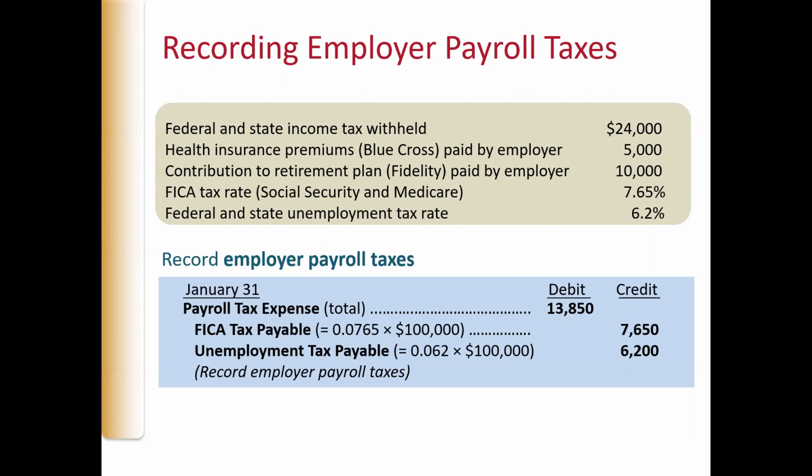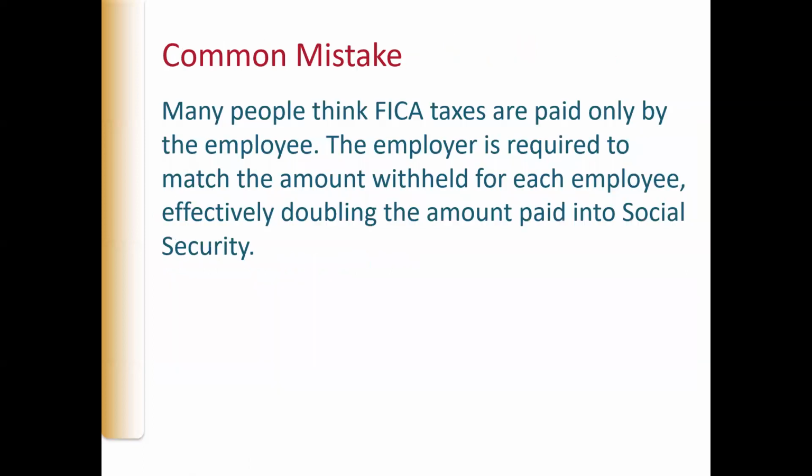And then we credit our unemployment tax payable of 6,200. It gave us those figures in the previous slide. In a nutshell, that's how we record employee and employer payroll taxes. Remember that FICA tax, Medicare and Social Security, is paid not just by the employee, but the employer also has to match it.